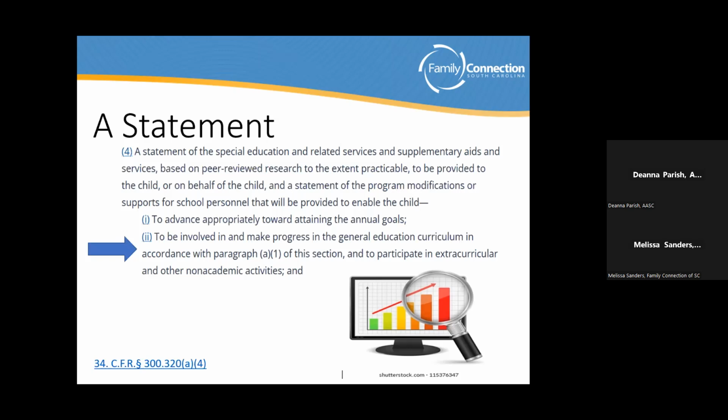This means that the general education curriculum should be accessible to every child and is the state-recognized academic standards. That is what the general education curriculum referenced here in this Code of Federal Regulations that you see on the screen.